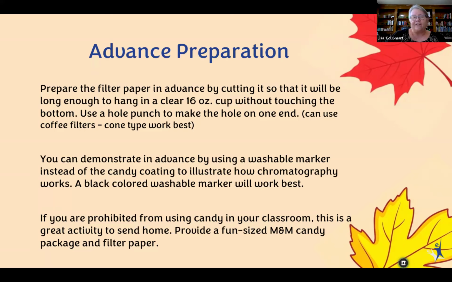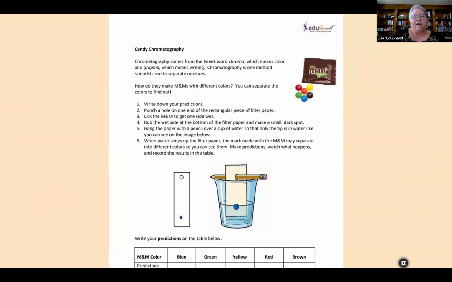Again, this is an easy one to send home that they'll be able to do at home. That went a lot faster than I thought, but I'm also giving you a copy of the activity itself, where you get the student facing view, and there'll be a teacher edition at the end of this.